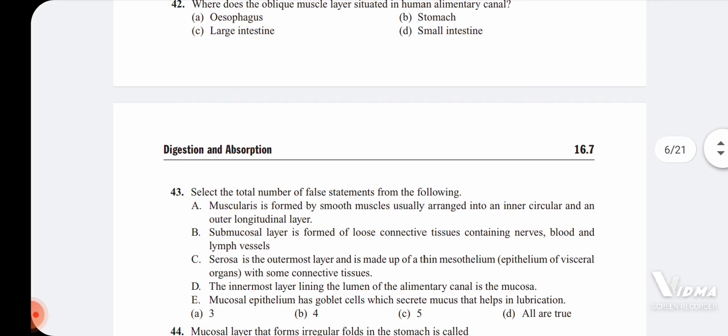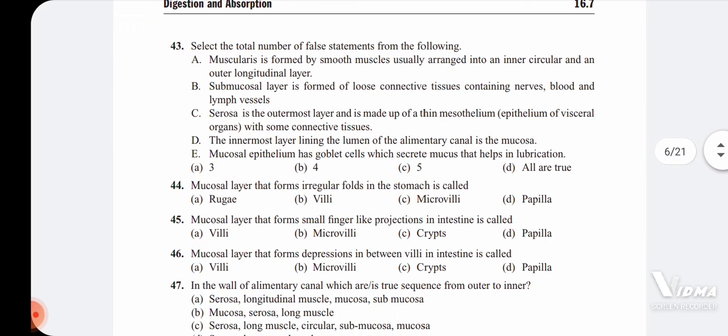Okay. Next 43rd question, select the total number of false statements from the following. Here they have given the statements from A to E. What is the first statement? Muscularis is formed by smooth muscles usually arranged into an inner circular and an outer longitudinal layer. This statement is true only.